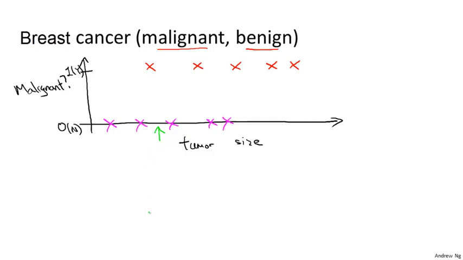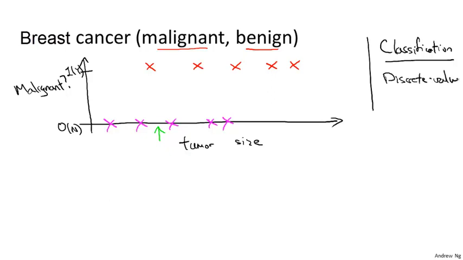So to introduce a bit more terminology, this is a classification problem as opposed to a regression problem. The term classification refers to the fact that we're trying to predict a discrete valued output, 0 or 1. In this example, the output takes on two values, 0 or 1.